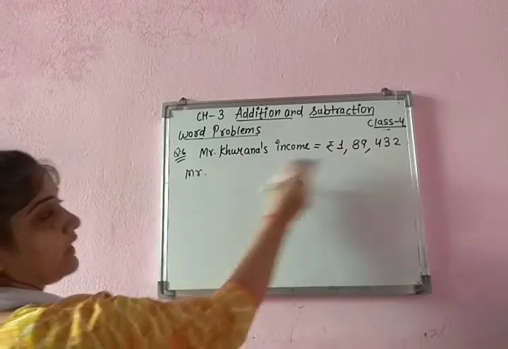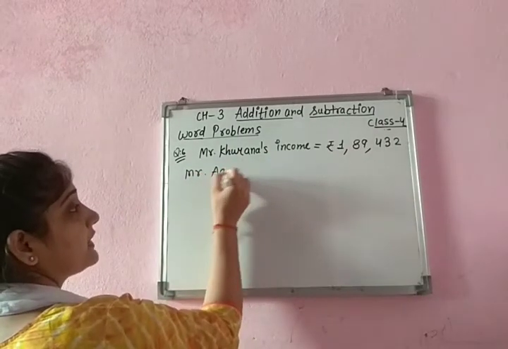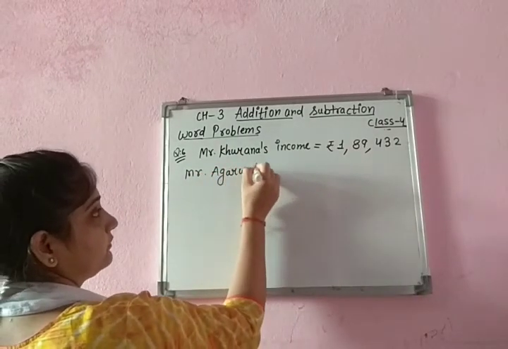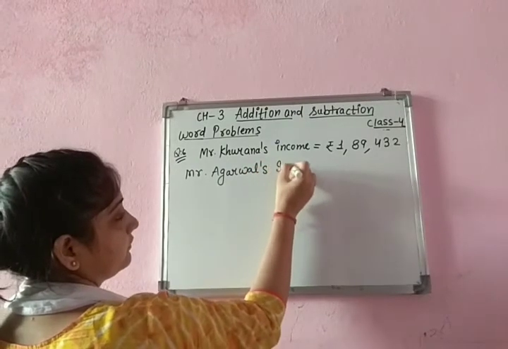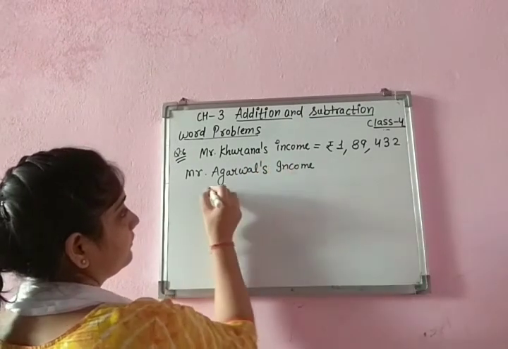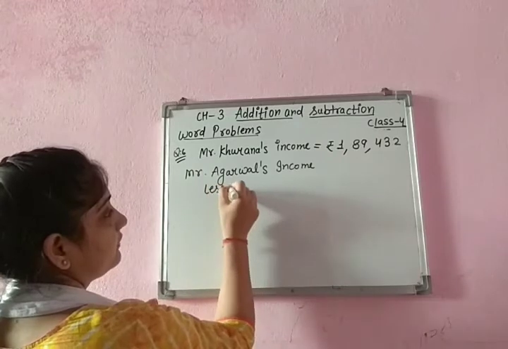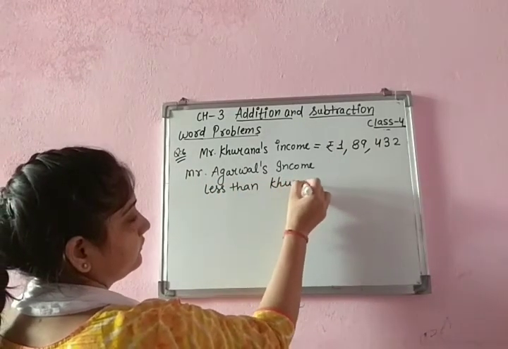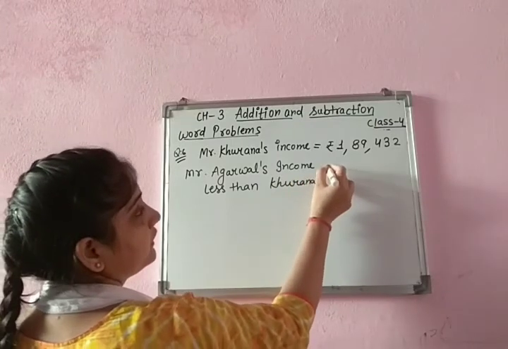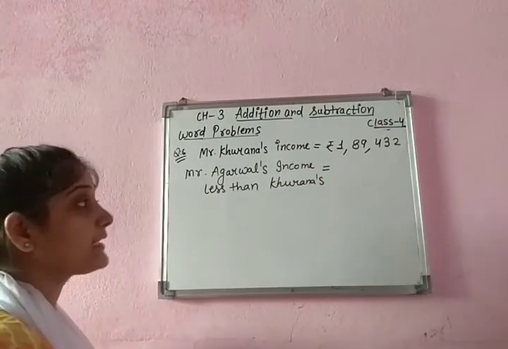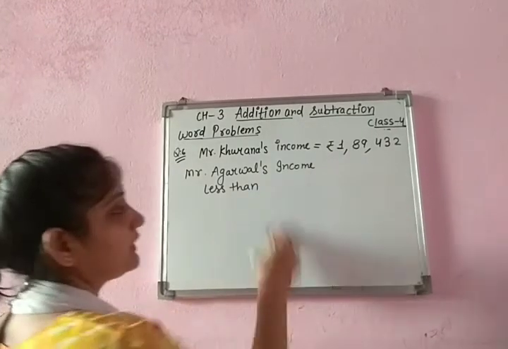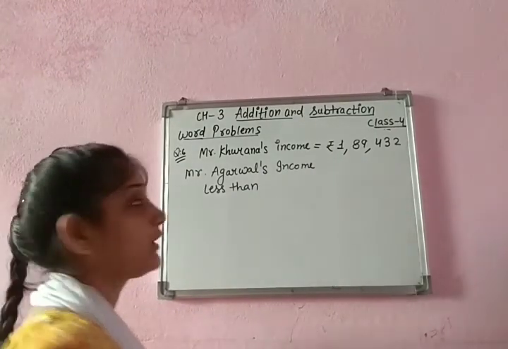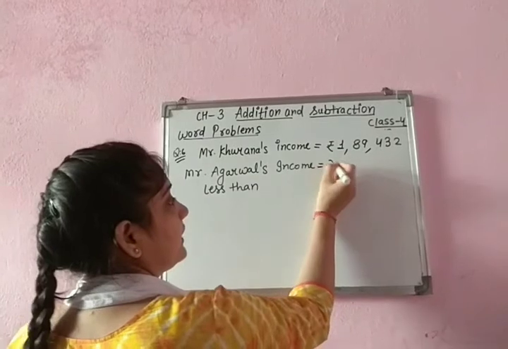This is Mr. Khurana's income. Now Mr. Agarwal's income is less than Khurana's income. Okay. So how much Mr. Agarwal's income is less than? Okay. Do you understand the language?